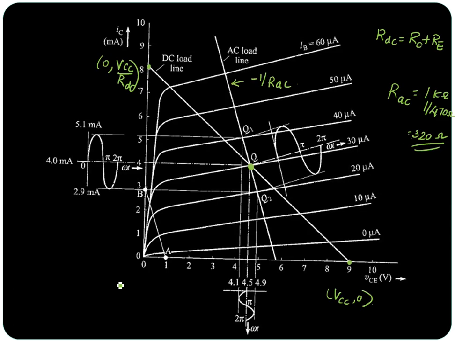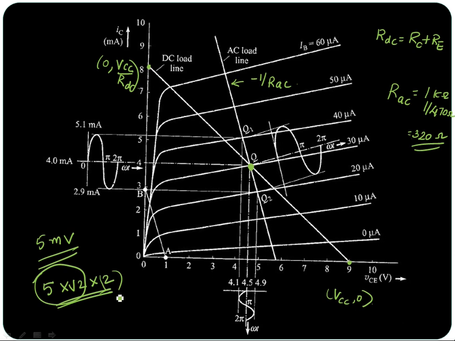The peak to peak variation of the input signal will be 5 into root 2 into 2, because it should vary from plus 5 root 2 to minus 5 root 2, and multiplying by 2 gives the peak to peak variation, which is equal to 14.14 millivolt.